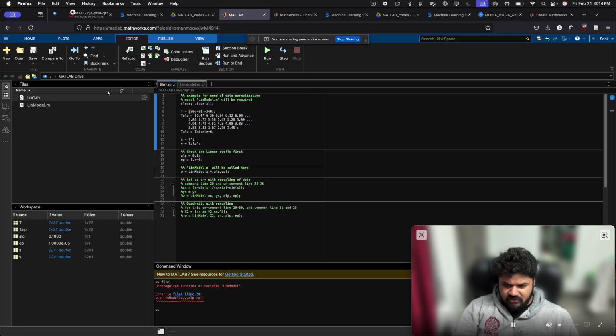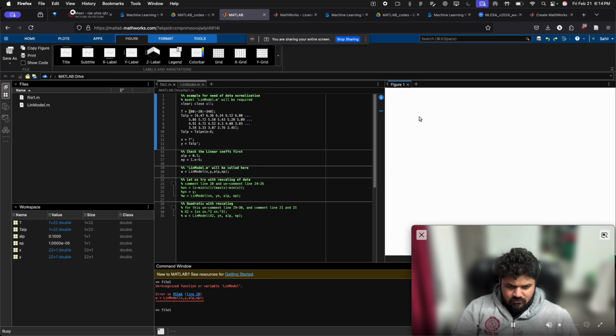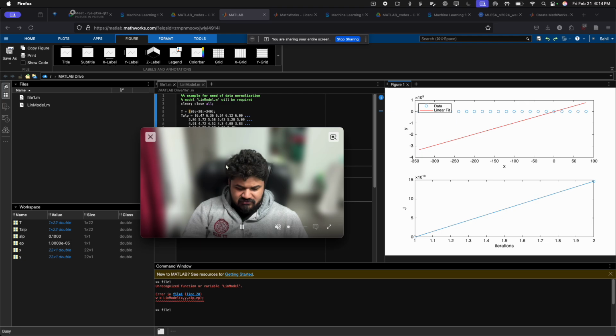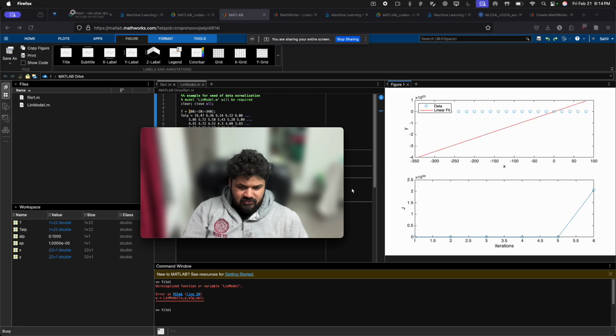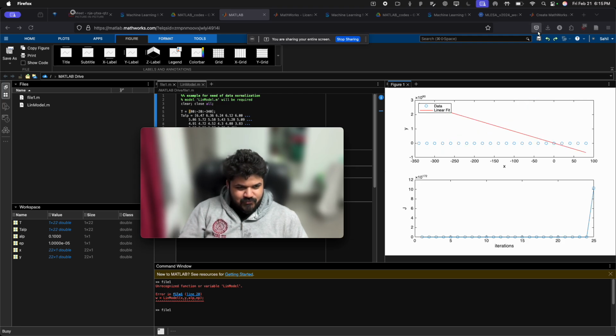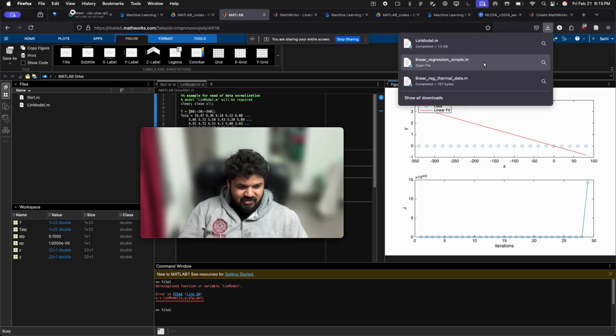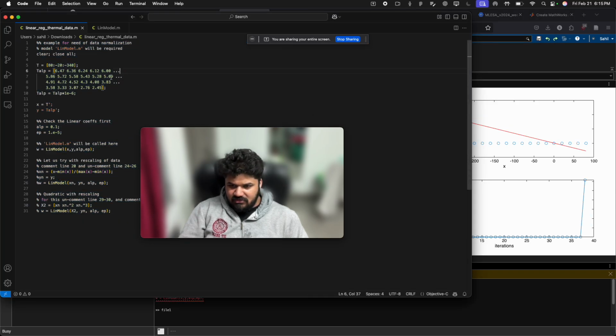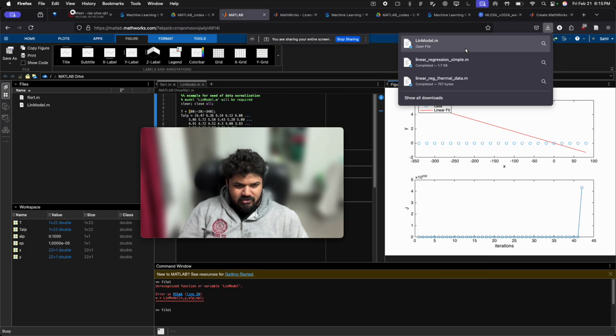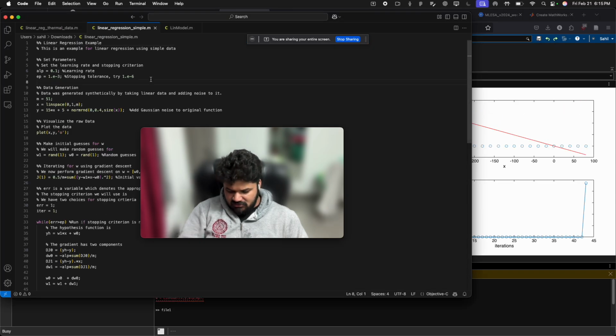Okay, now let me run this file. It should again give me some output. Yeah, it's working fine. See, it's trying to fit the straight line data. And something is happening. But it's not converging anyways. Let me put this file as well. Final regression simple.